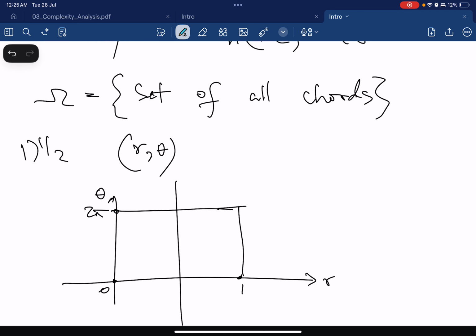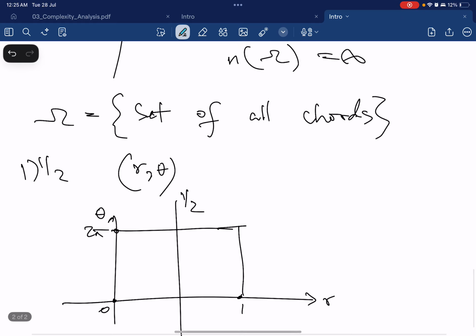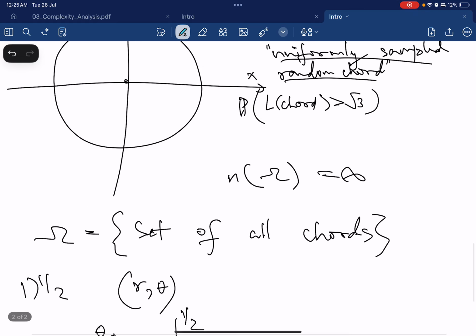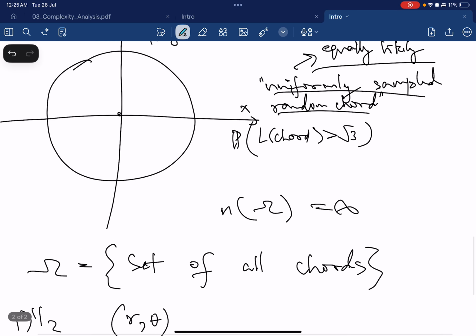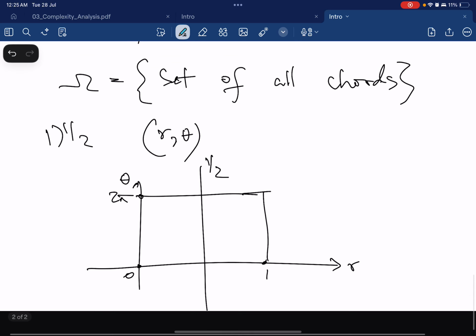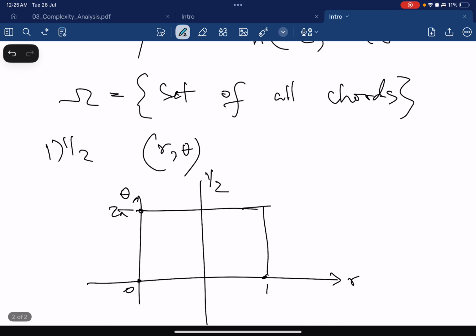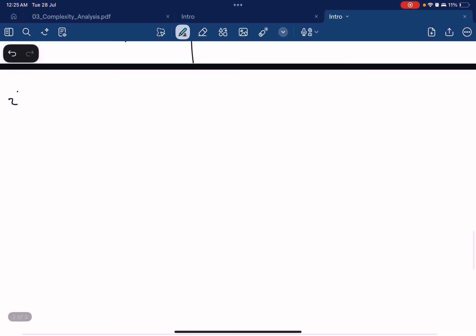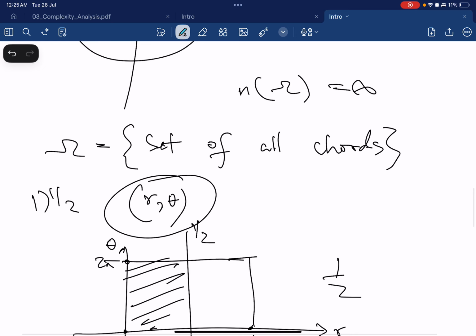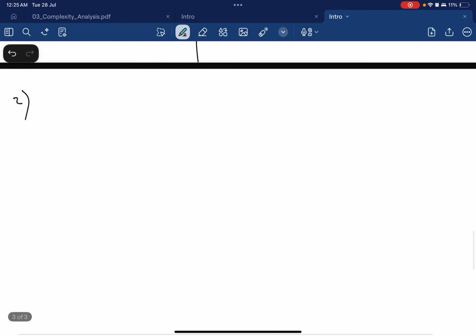The condition is that for the chord to have a length greater than √3, it must be at a radial distance smaller than half, and theta can be anything. So in terms of fractions of area, the answer is half. That's how you get the answer of half, by using this as the coordinate that corresponds to a chord.